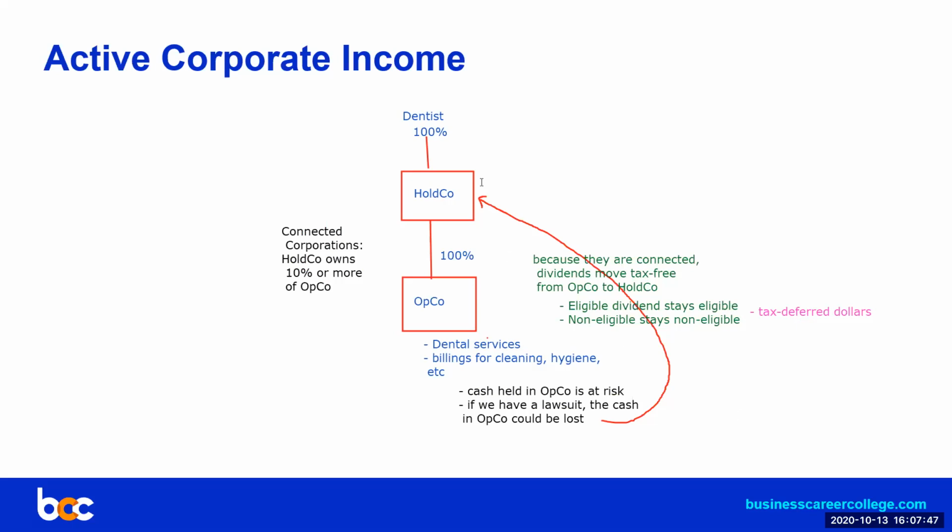So this is where holdco retains income because it's protected. It's not absolute protection, okay, but it's protected from claims against opco. Although there is some dangerous precedent here.